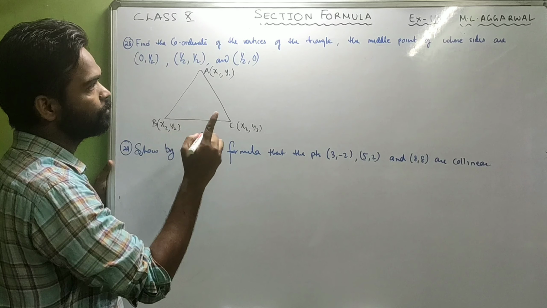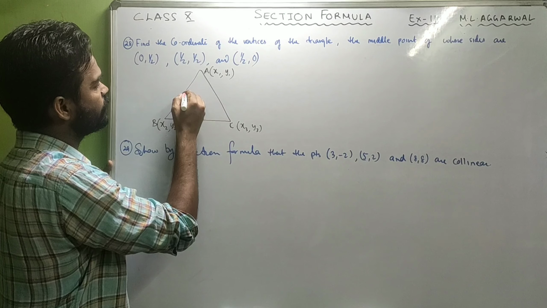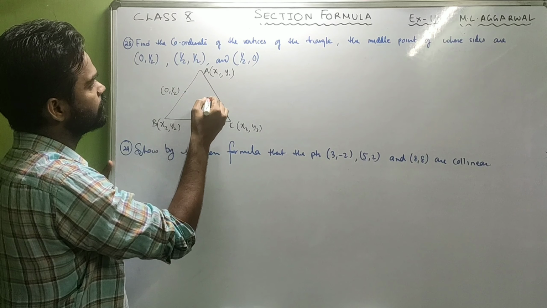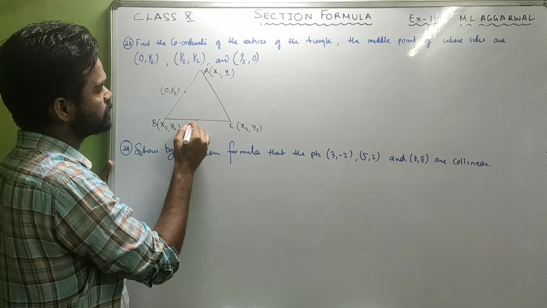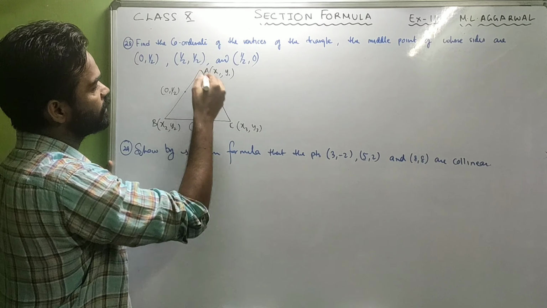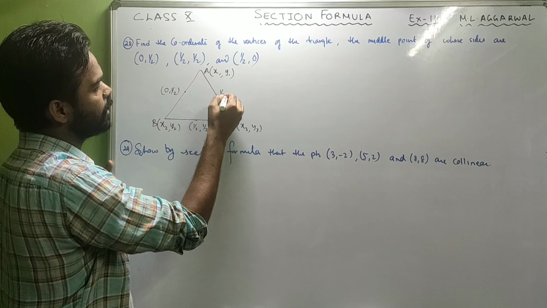Then we know the midpoints. Suppose the midpoint of AB is 0 comma half. The midpoint of BC is half comma half, and the midpoint of AC is half comma 0.